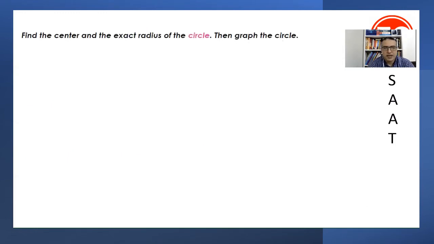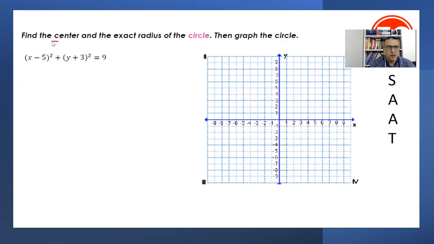Find the center and the exact radius of the circle (x minus 5) squared plus (y plus 3) squared is equal to 9. So I need to figure out what the center is, and I need to figure out what the radius length is. It's clear for me that the center is, I'm going to change the sign of negative 5 to be 5, and I'm going to change the sign of positive 3 to be negative 3.